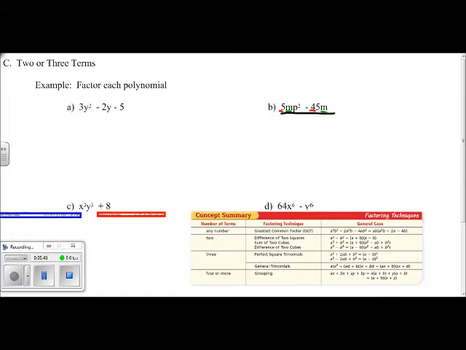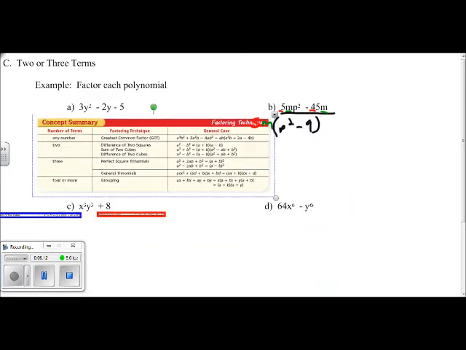So if we take out 5m first, that would leave us with p squared minus 9, because that's going to be what's left: 5m p squared divided by 5m, and negative 45m divided by 5m leaves the negative 9. So now we have 5m times p squared minus 9, but we're not quite finished.